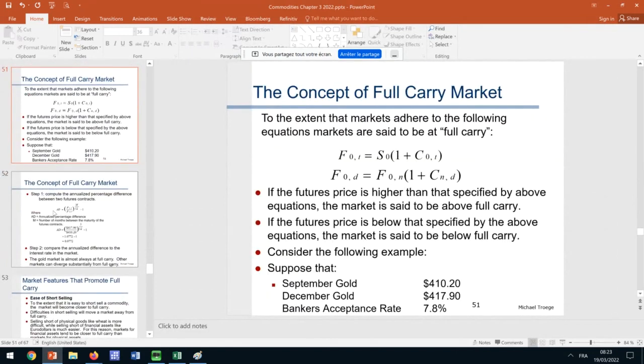If these relationships we've discussed hold, the futures price is exactly the spot price plus the cost of carry, and the relationship between two futures prices is also the cost of carry over this period, then we call this market to be at full carry.